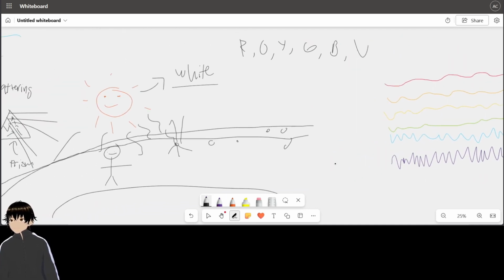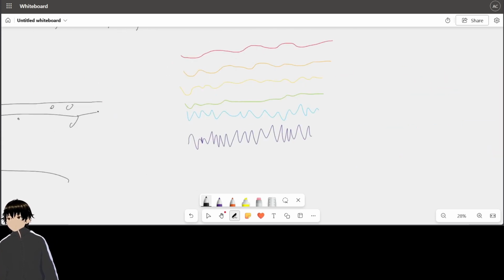So the big idea is the sky is blue because the blue light waves are scattered throughout the atmosphere by air molecules.